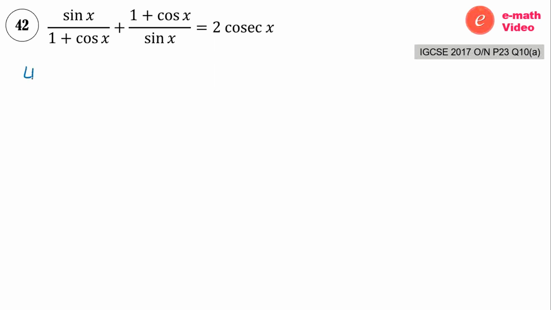42. For this question, we'll do from left hand side. It's more complicated, right? So left hand side, we combine the fraction, this one times this one times this one, becomes sine x times sine x, sine square x, plus, as you can see, this one and this one are actually the same.